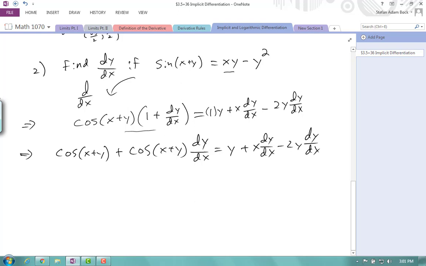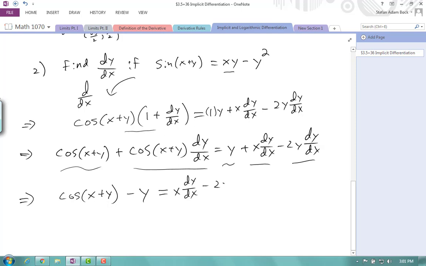And now I'm going to collect all of my dy dx terms on one side, and the other junk on the other side. So I'll be left with cosine of x plus y on the left minus y equals an x dy dx minus a 2y dy dx minus a cosine of x plus y dy dx.